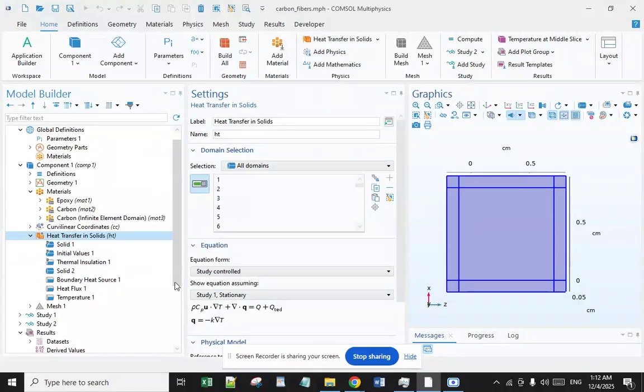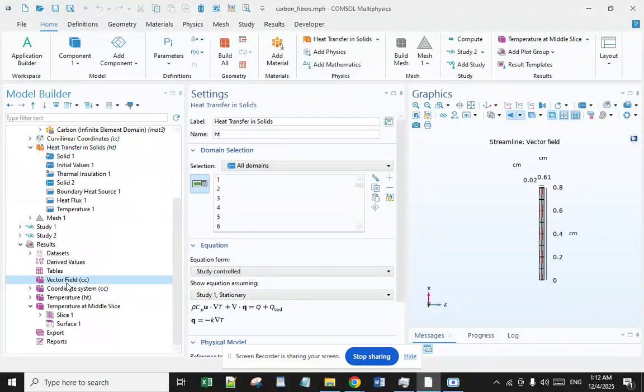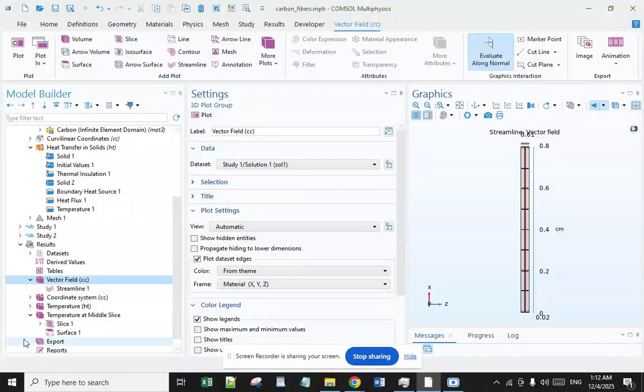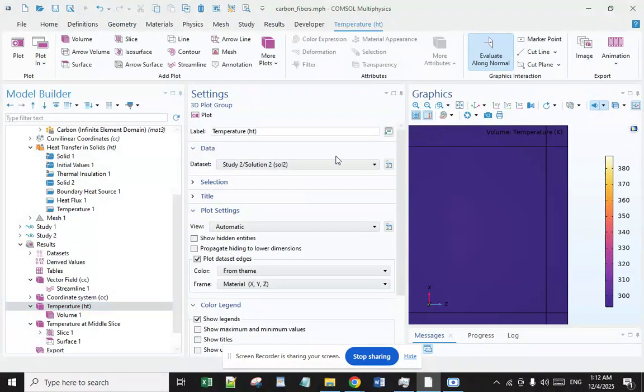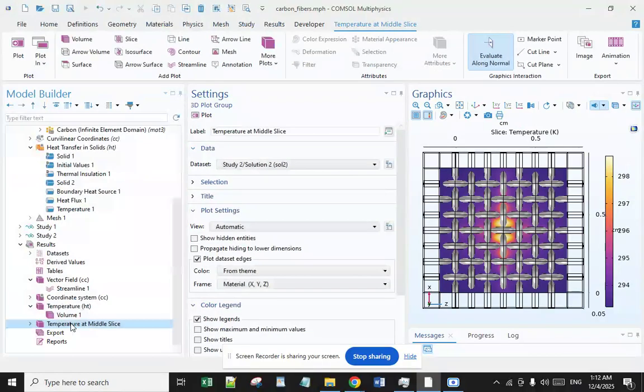After that, we made a mesh, and you can see our vector field, coordinate system, temperature, and middle slice. I can see the carbon fiber here woven together, and how the temperature expands through these woven threads.